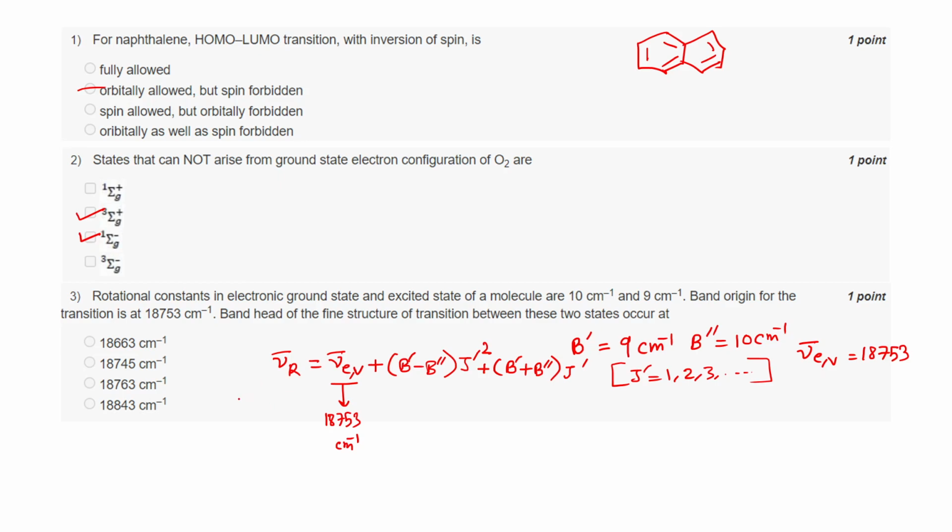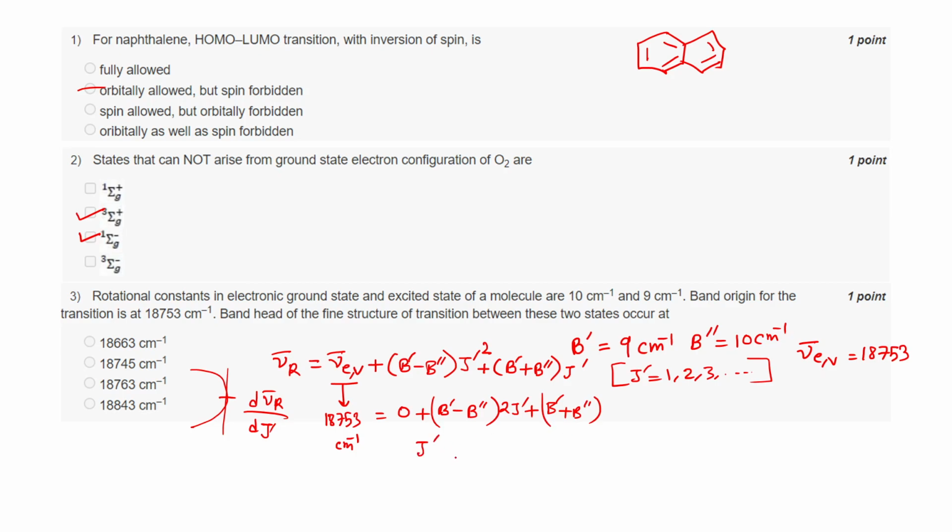But before that, I told you for an R band, here is your band head. For the band head, nu bar R by dJ dash is going to be 0, which is B dash minus B double dash times 2 J dash, plus B dash plus B double dash.